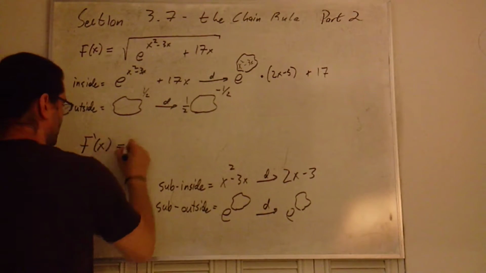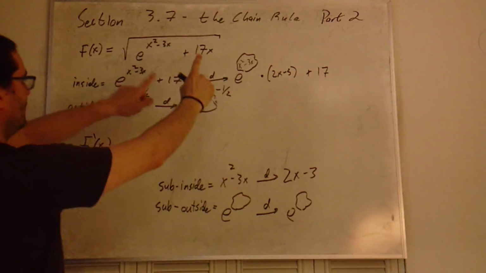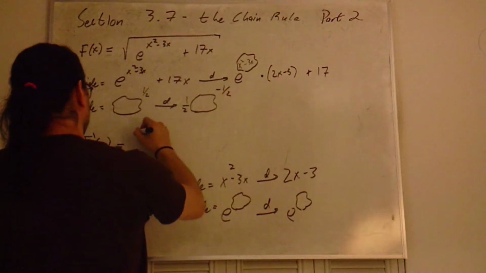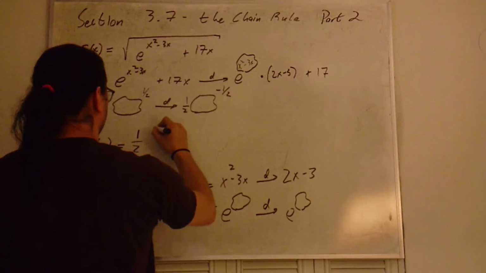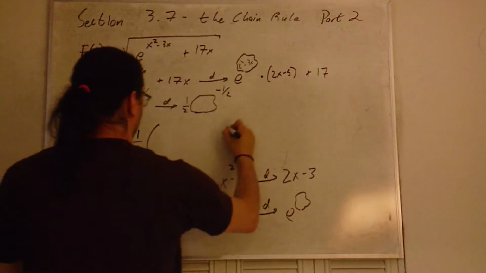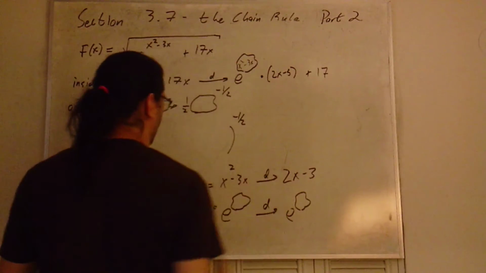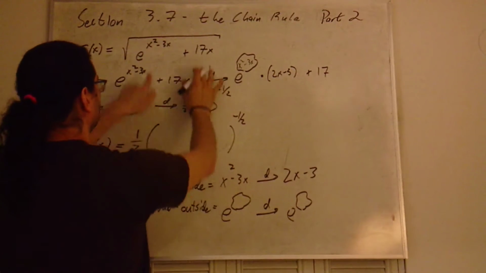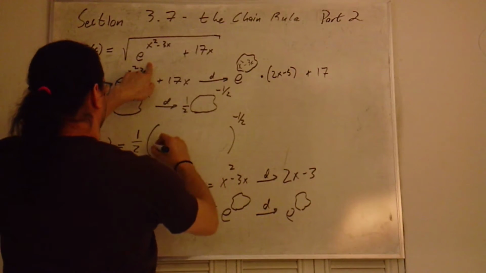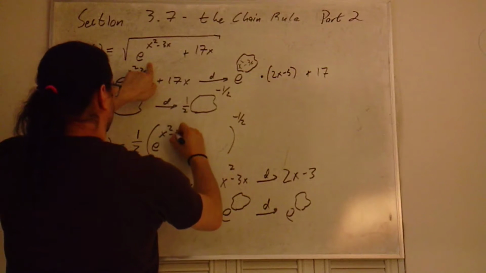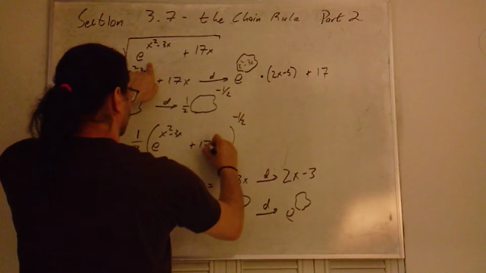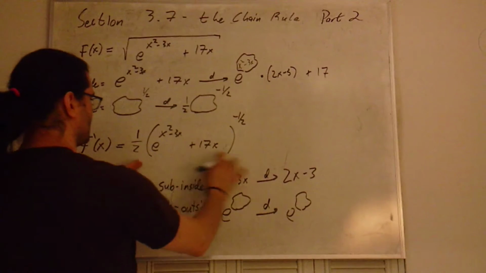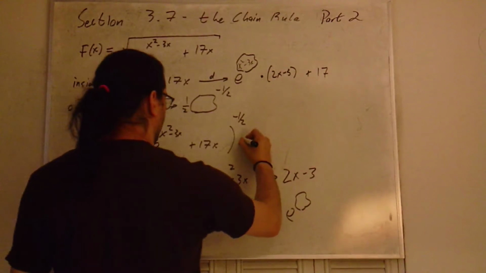F prime of x equals, start with the outermost derivative, 1/2 something to the negative 1/2. What goes in here? The thing that started in there, e to the x squared minus 3x plus 17x. This is the outermost derivative of this chain rule.